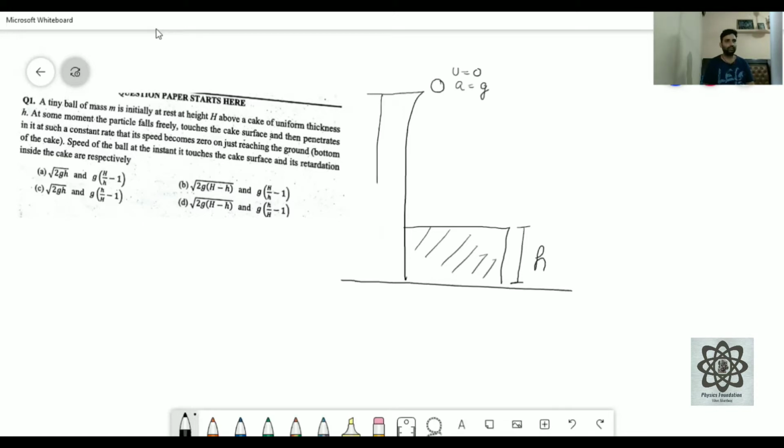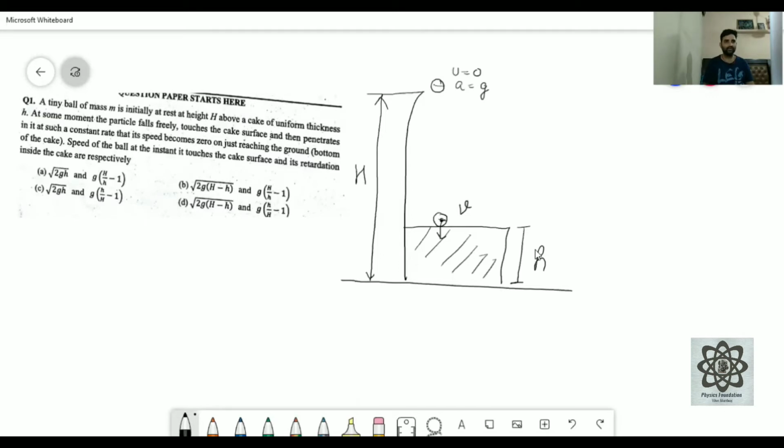The height from which the ball is fallen is capital H. The ball starts falling under gravity. When it just reaches here, it will be having a velocity.